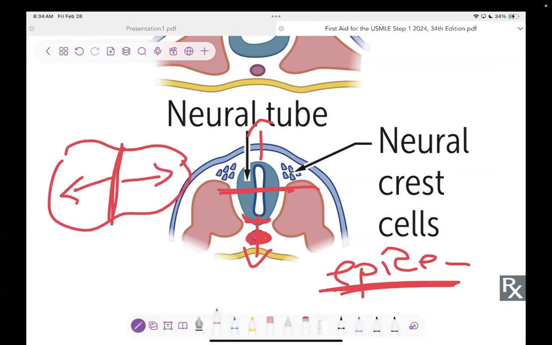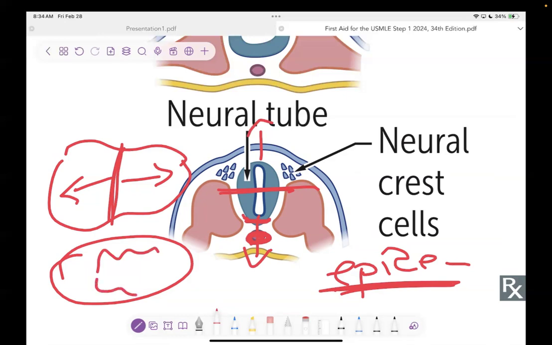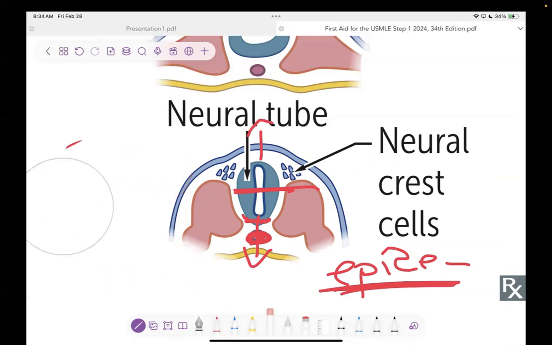And the same way, whenever you make a spinal cord cross section, this is the dorsal horn, this is the ventral horn, and these are the lateral parts, right? So the neural tube, which is made at the beginning, is divided into two walls. One lateral wall becomes the anterior wall, and the other becomes the posterior wall.